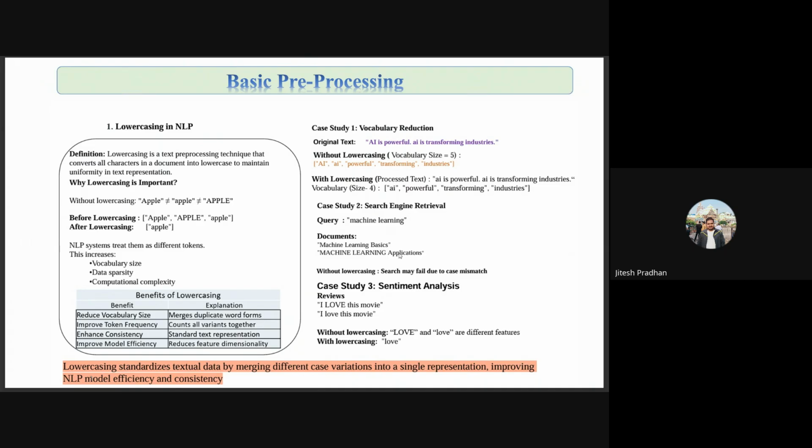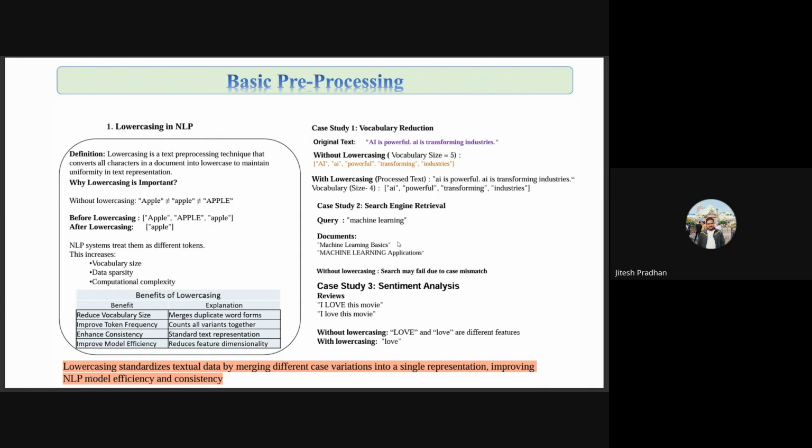If everything is in lowercase, it will match with this also and with this also. Without lowercasing, these two won't be found because there will be a difference. If all are in lowercase, the first two terms will match directly. Only one term is mismatched, basic versus application, so the similarity will be high and you will get the result.